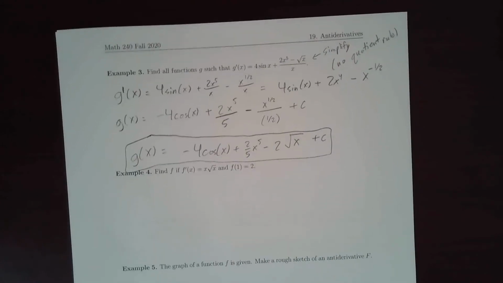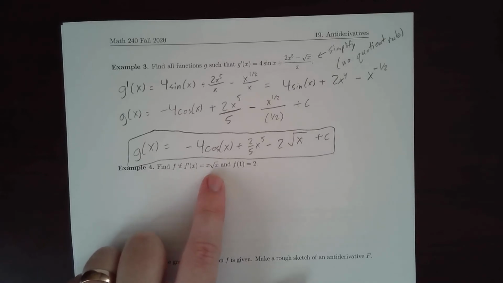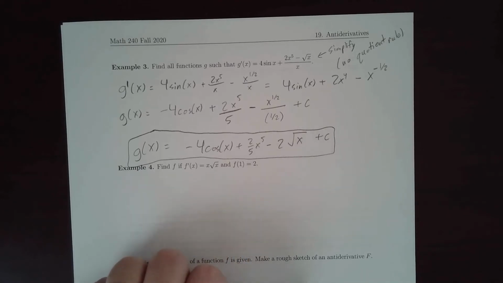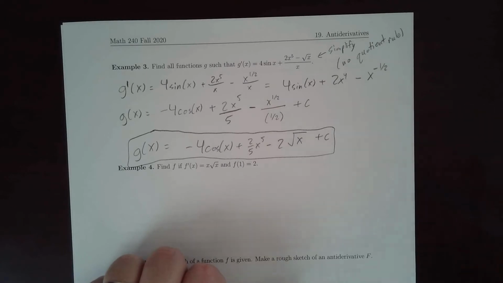So say we want to find the function f if f prime of x equals x times the square root of x and f of 1 equals 2. So earlier I said we don't necessarily know what's going on with this constant, now we have something that we could try to use to figure out the specific antiderivative we're looking for.